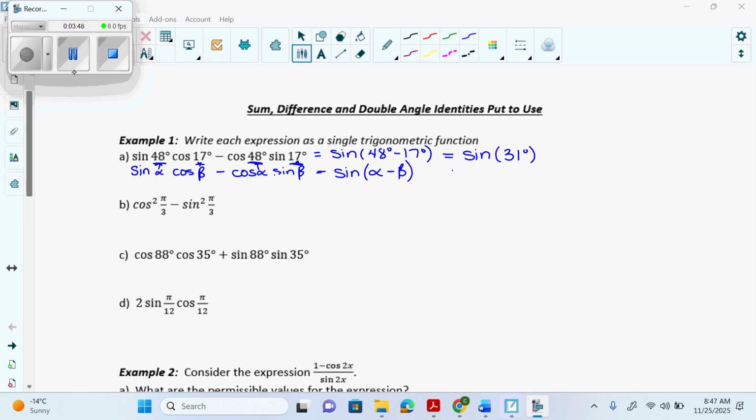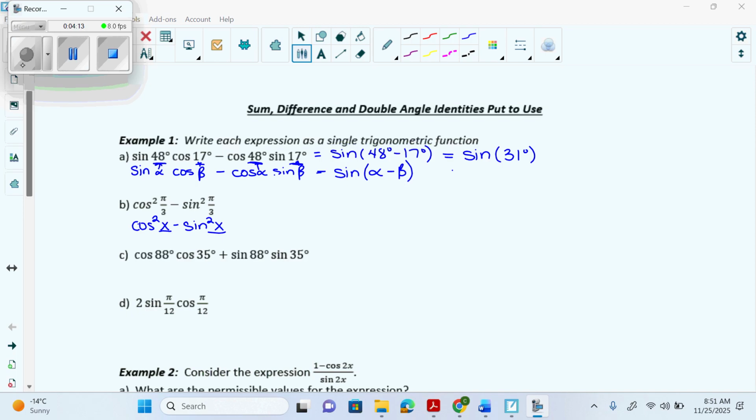Like this is cos, technically cos squared x minus sine squared x, right? X being pi over 3 because they're the same. Remember I told you that the people who do well in this unit know what's on their formula sheet? So you almost have it memorized. I know you have a formula sheet and you don't have to have it memorized, but if you know what's on it, you do way better.